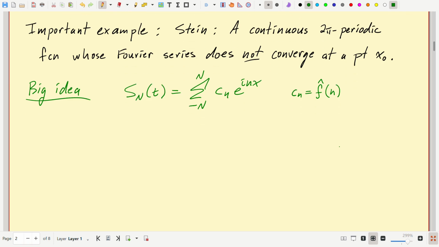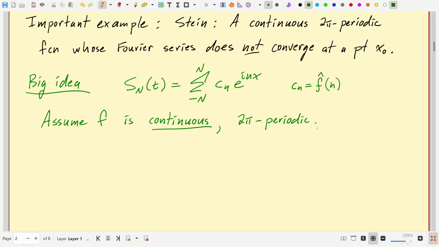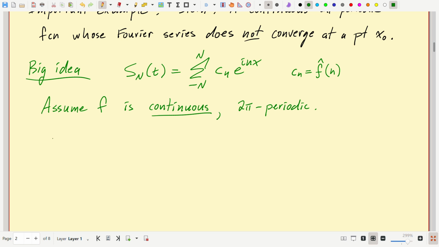We'll assume that f is continuous and 2 pi periodic. Fejér knew that maybe the Fourier series wouldn't converge to f, but he had this brilliant idea to consider the average of the Fourier series.